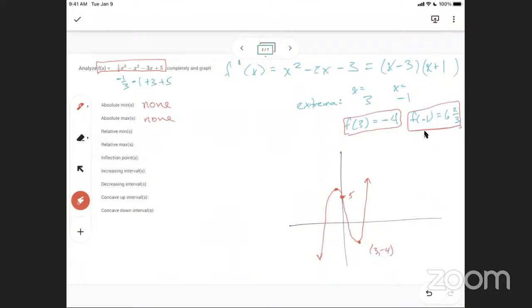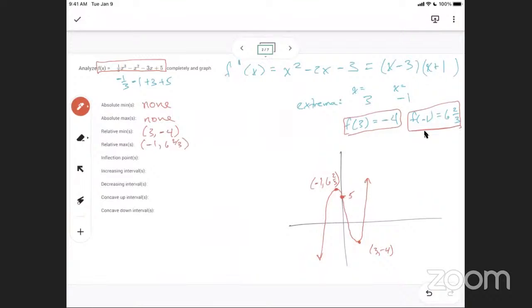Now the relative maxes and mins we can find. The relative max is -1 comma 6 2/3, and the relative min is 3 comma -4.